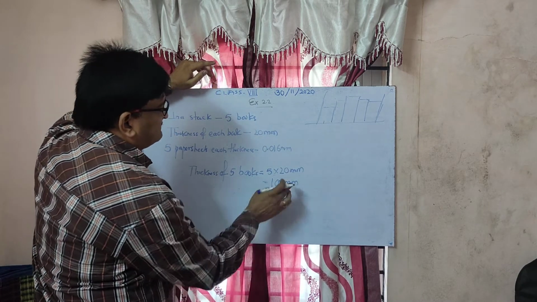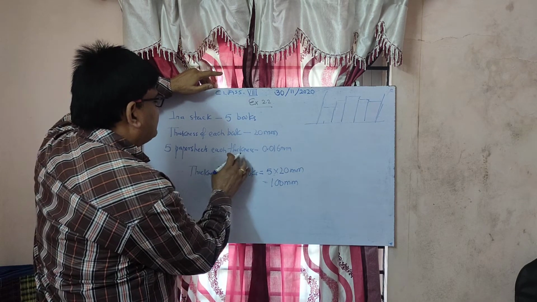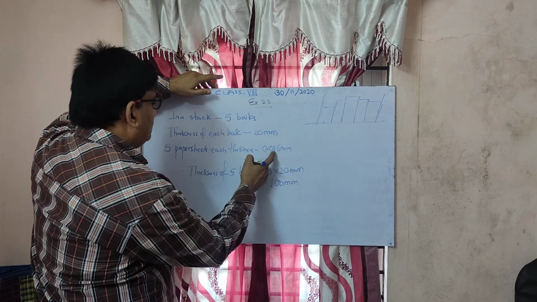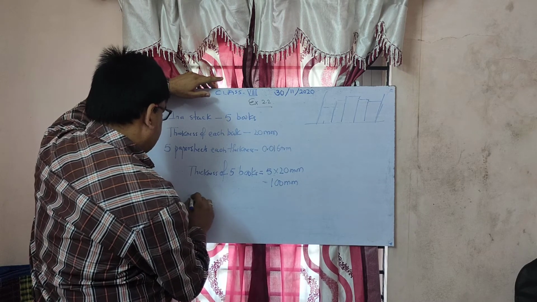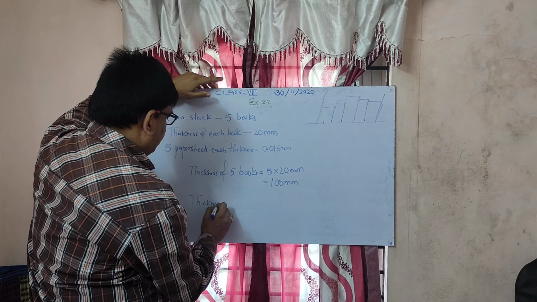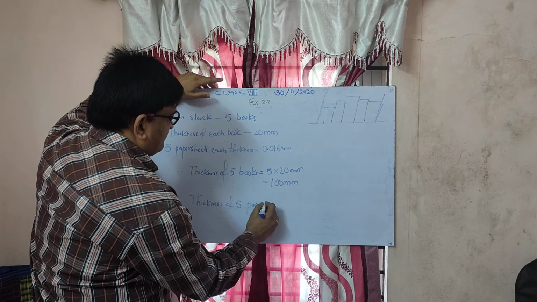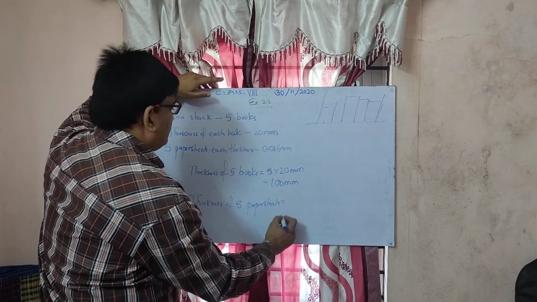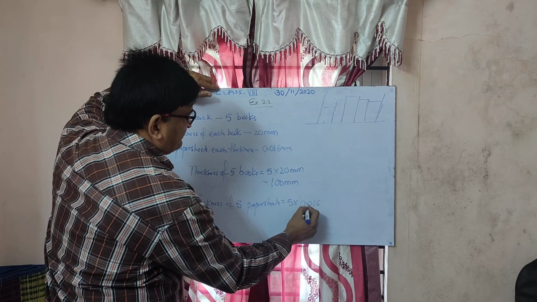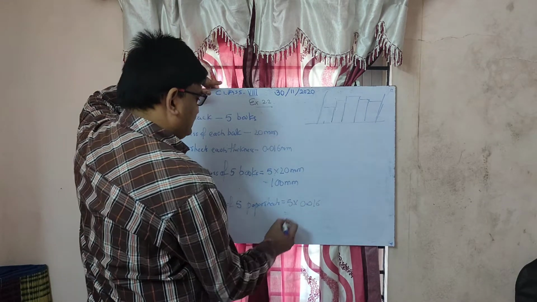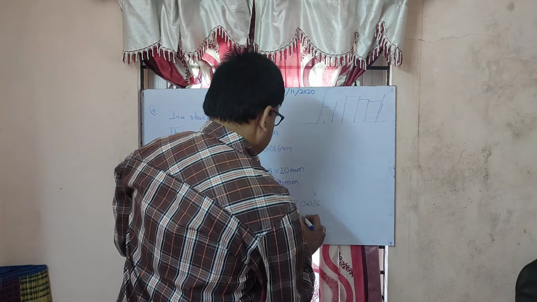Now the thickness of 5 paper sheets is 5 into 0.016. You have to multiply this. 5 sixes are 30, and so on, giving 0.080.